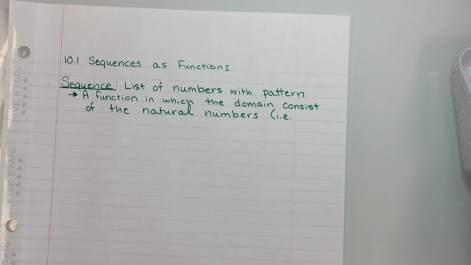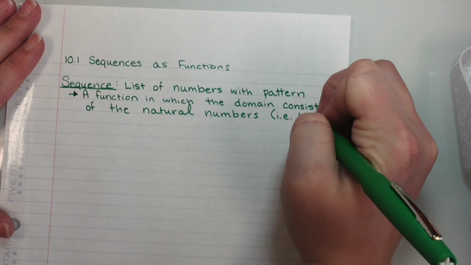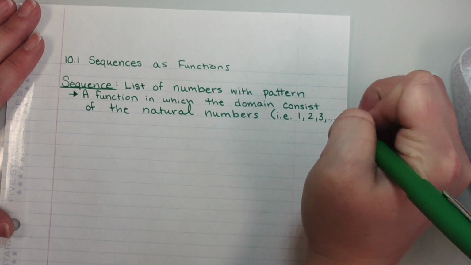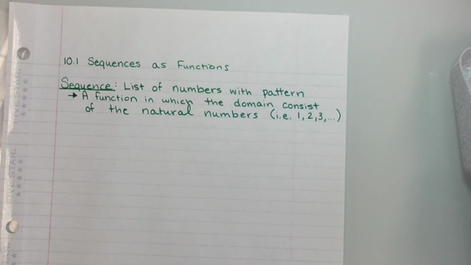Anyone remember what the natural numbers are? You're listing integers. Positive whole numbers. Does that include 0 or no? No, the natural numbers do not. So it's the counting numbers, 1, 2, 3, etc. They're called natural numbers because they're what you would say out in the natural world. I have one tree.